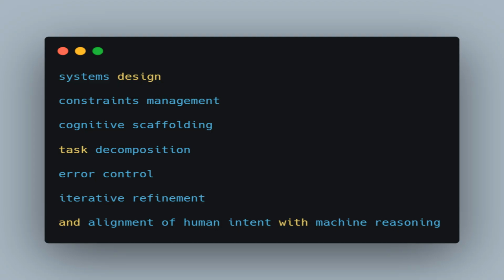It is system design, constraint management, more about cognitive scaffolding, task decomposition, error control, iterative refinement, and alignment of human intent with machine reasoning. I accidentally said it's software engineering because it's closer to software engineering than writing.